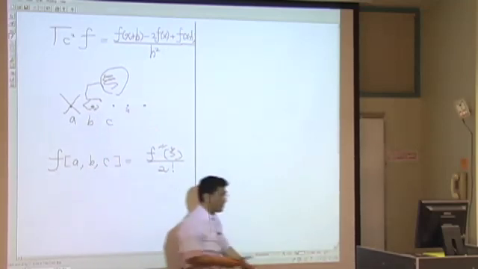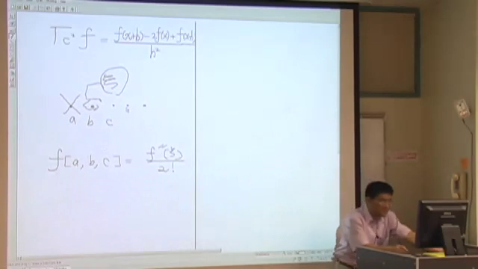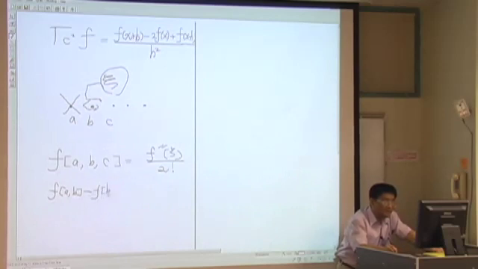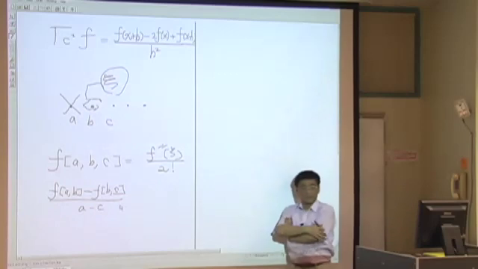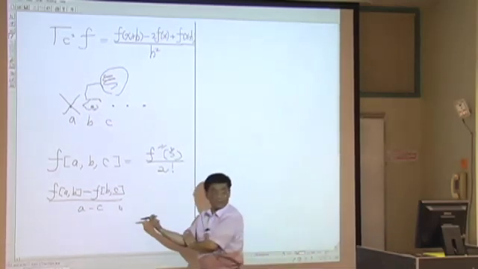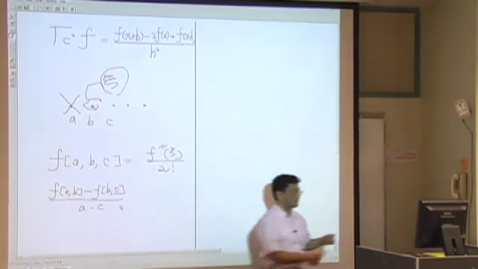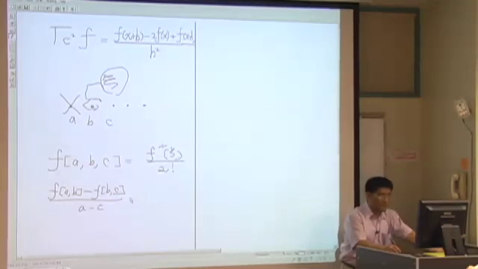But before going any further, let's write down the details of this. By definition, this is f[A, B] minus f[B, C] over A minus C, right? And A minus C is like H and H, 2H away, right?